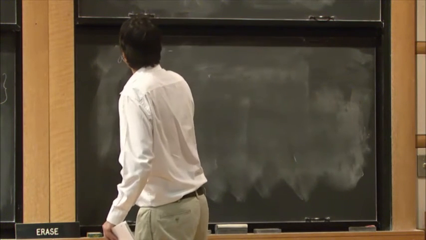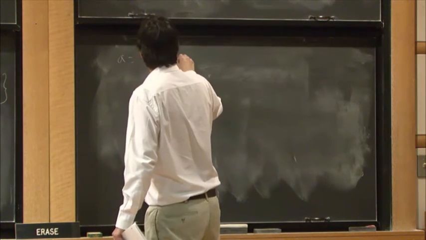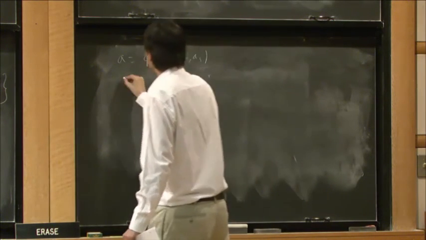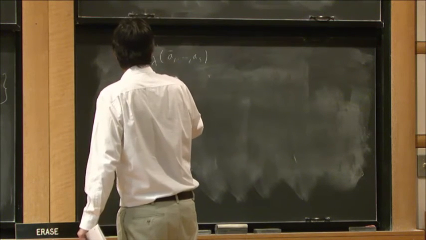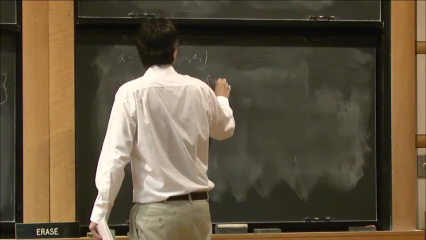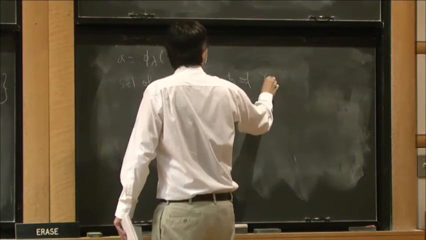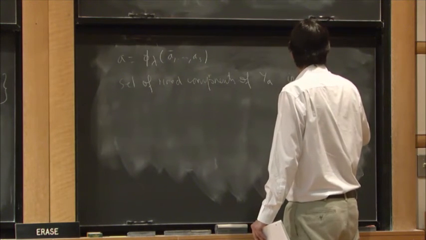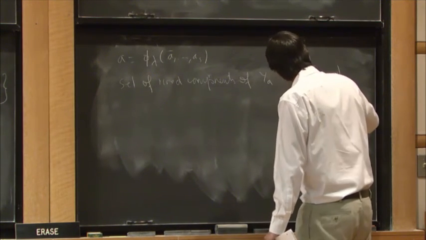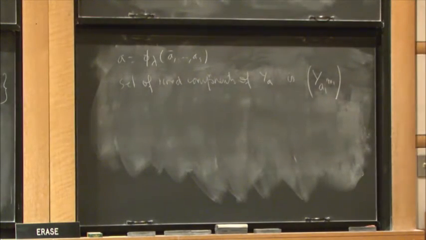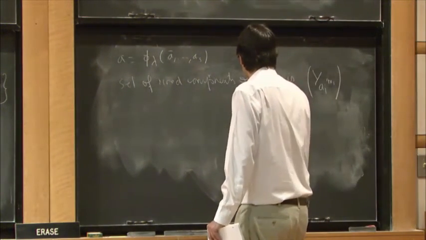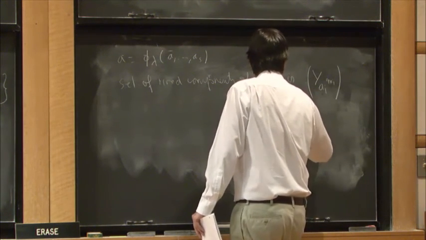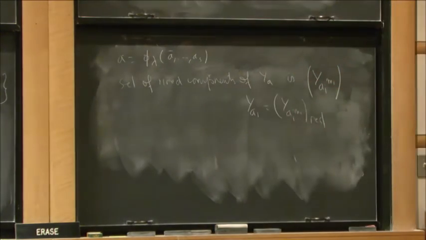So if A is equal to phi lambda of a1 to as, then the set of irreducible components of YA is YAi, to the power mi. And YA is the reduced scheme associated to the irreducible components.